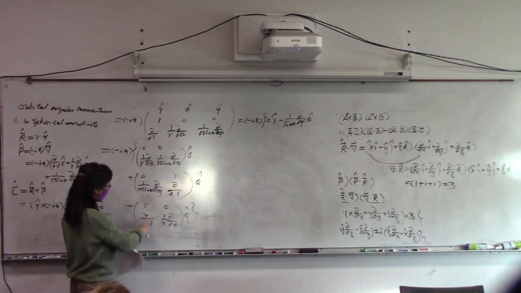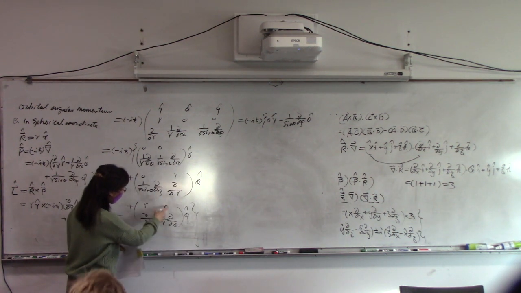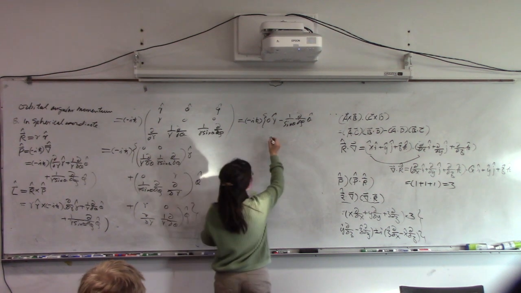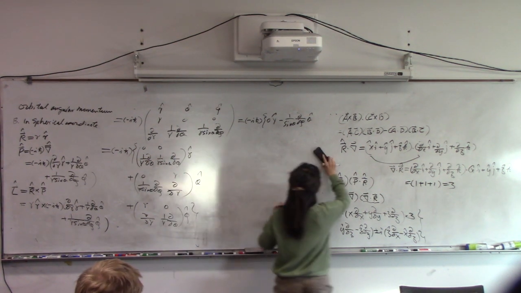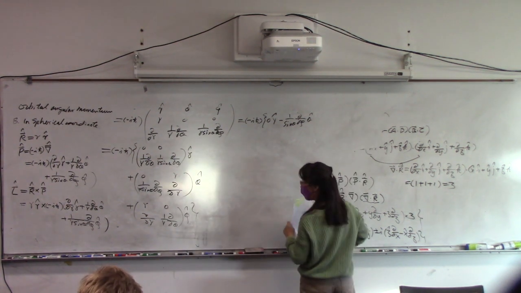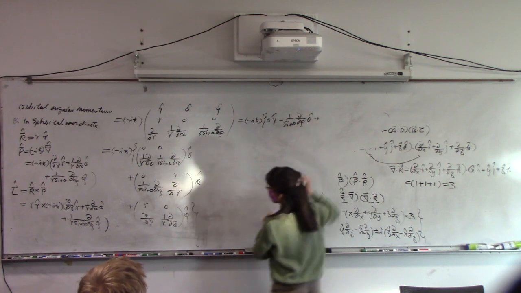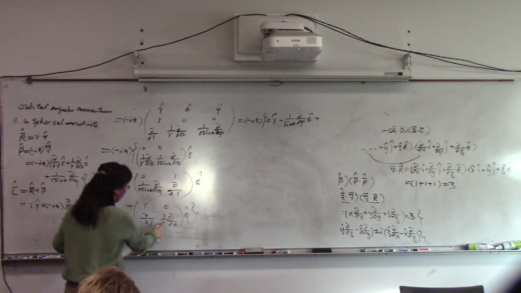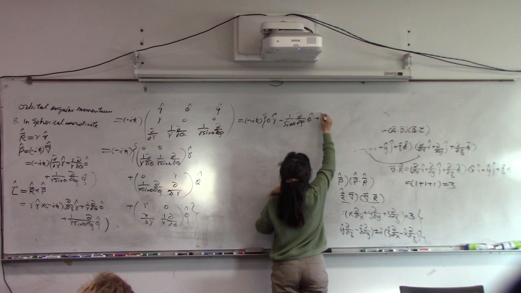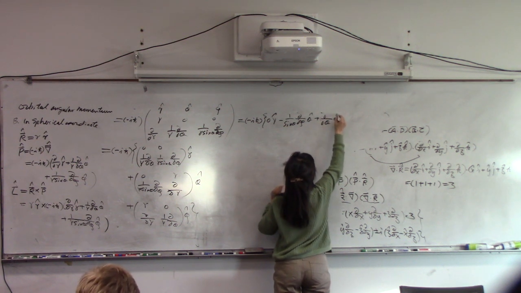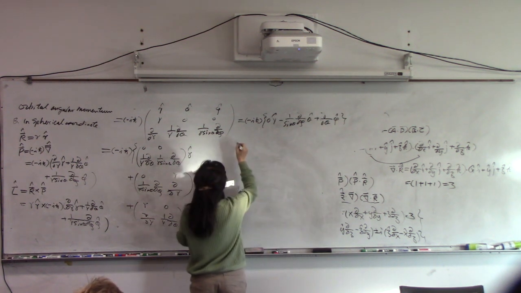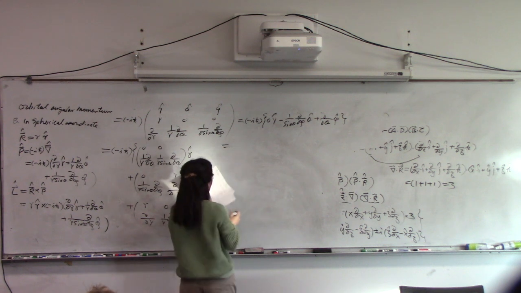And the third one has only this non-zero term, plus, and here r also cancels, so that is partial theta phi hat.